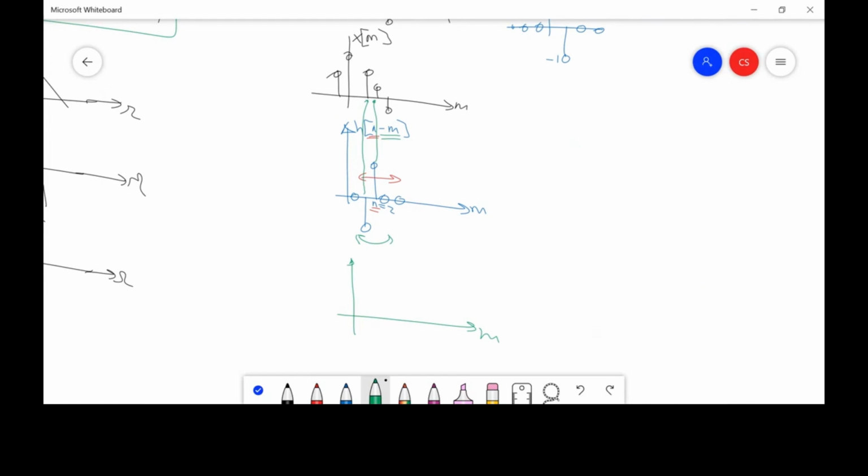Okay, so let's put numbers. Let's say this is 1, 1/2, 1/3. So I will have 1/2 minus 1, so this will be minus 1/2. And then 1/3 times 1, so this will be 1/3. And all the rest they are 0.